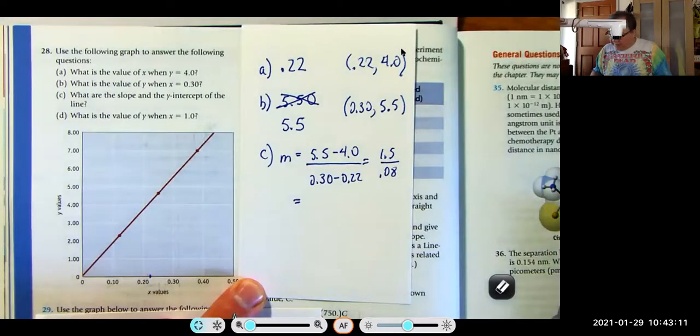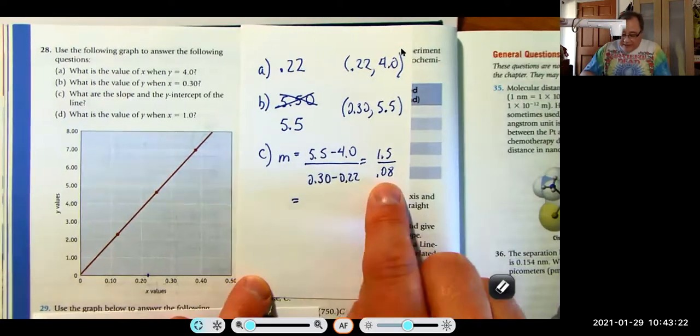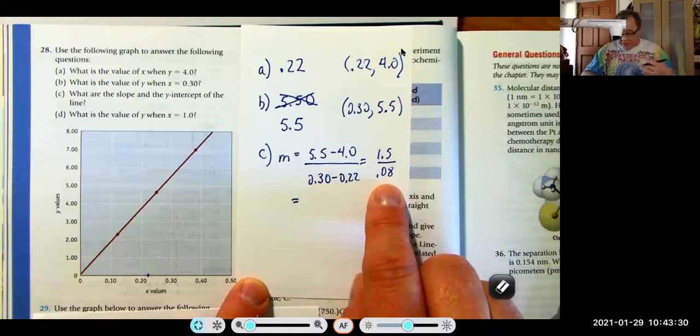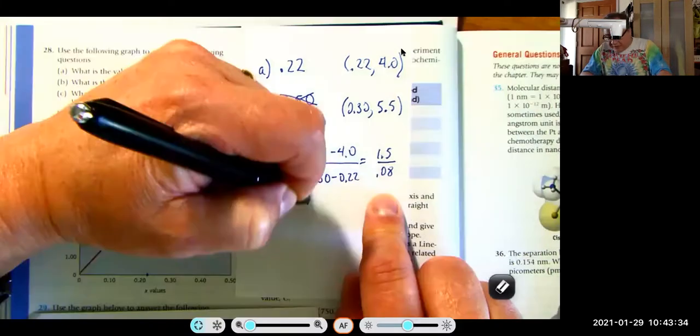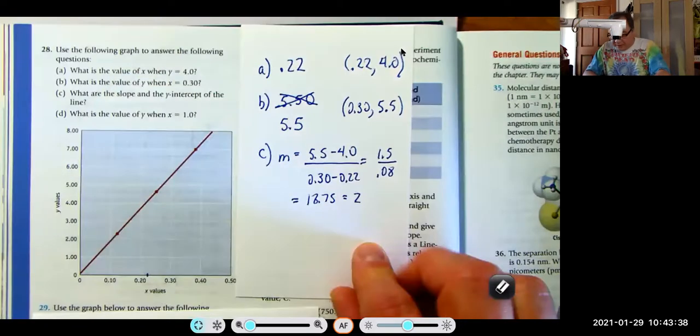Not really fond of that, but those are the breaks. And the way I think about the answer here is I think that if this were 0.8, the answer would be about 2. But since this is 10 times smaller and in the denominator, the answer should be about 10 times bigger. So the answer should be around 20. And I get 18.75, which becomes 2. Oh, I'm sorry, 20.